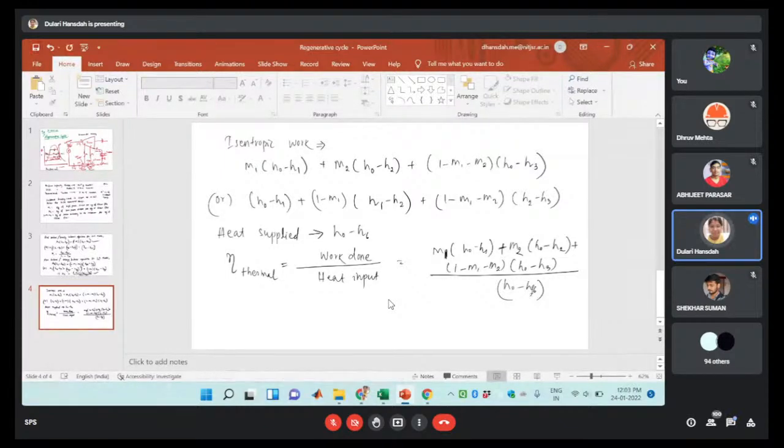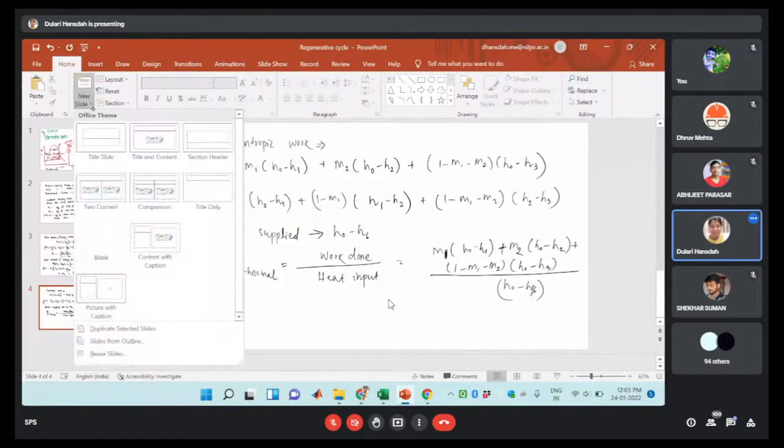Okay, so on Thursday we will solve some problems related to this one. If you have a steam table, then we can solve one problem now. So let me solve one problem.